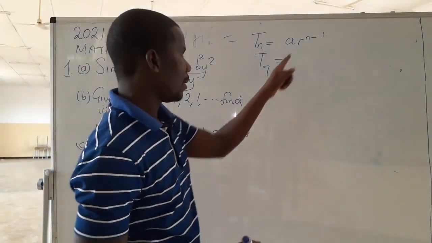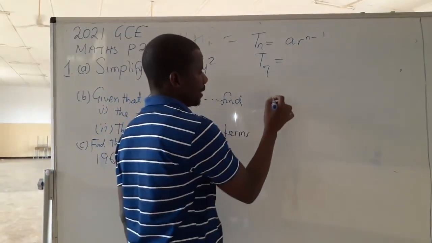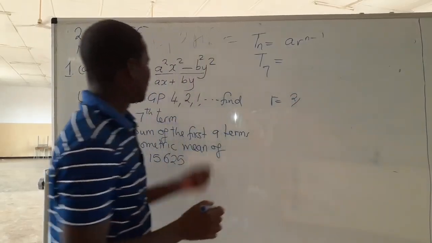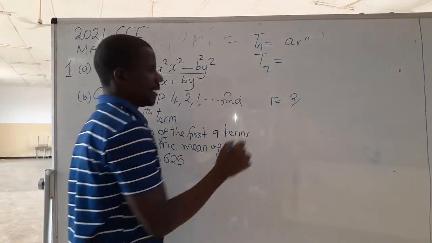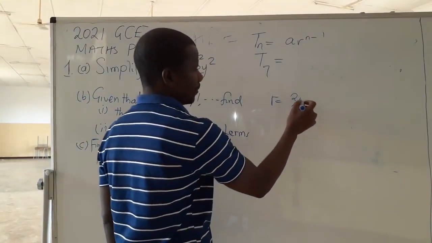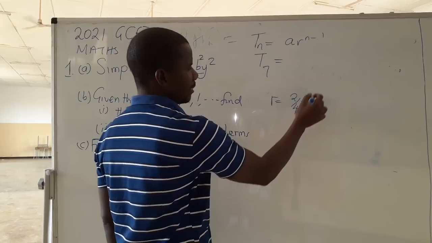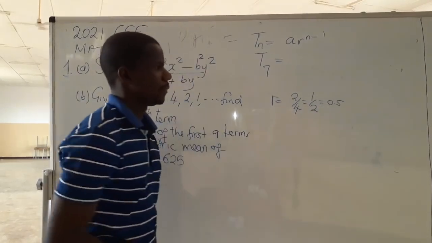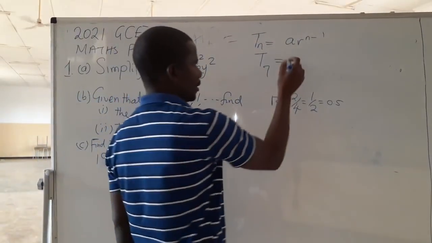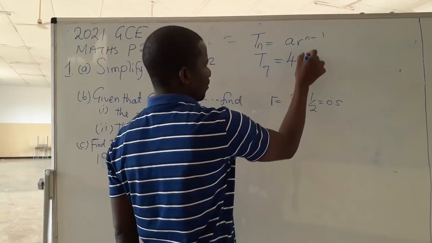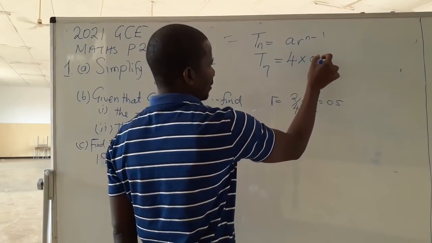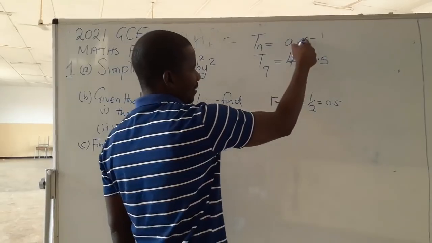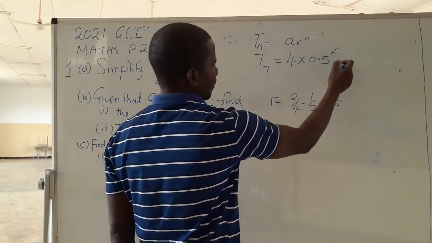And we don't know what our common ratio is, so we find it as the second term, which is 2, divided by the first term. This is just the same as 1 over 2 or 0.5. So our first term is 4 multiplied by 0.5 to the power n minus 1. Our n is 7, so 7 minus 1 is 6.